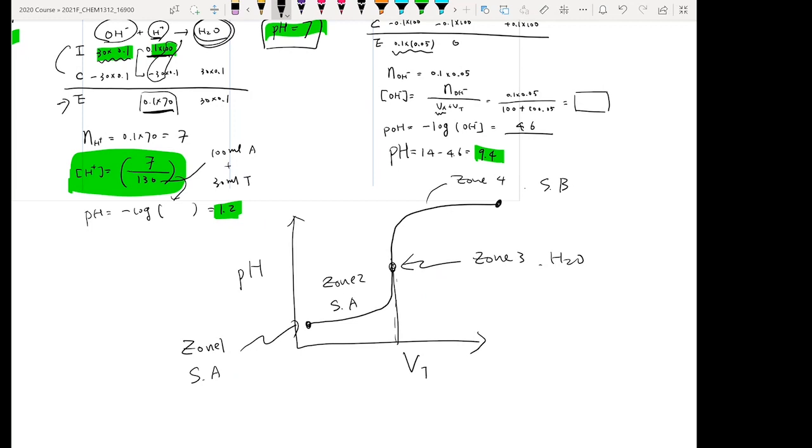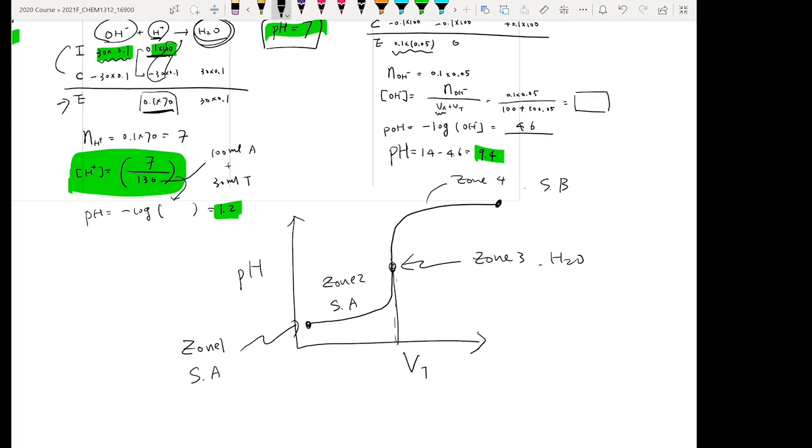In this case, our titrant is a strong base, right? Our analyte is a strong acid. Now I want to ask you, if I flip these things around, if my analyte is a strong base and my titrant is a strong acid, how will this curve change?